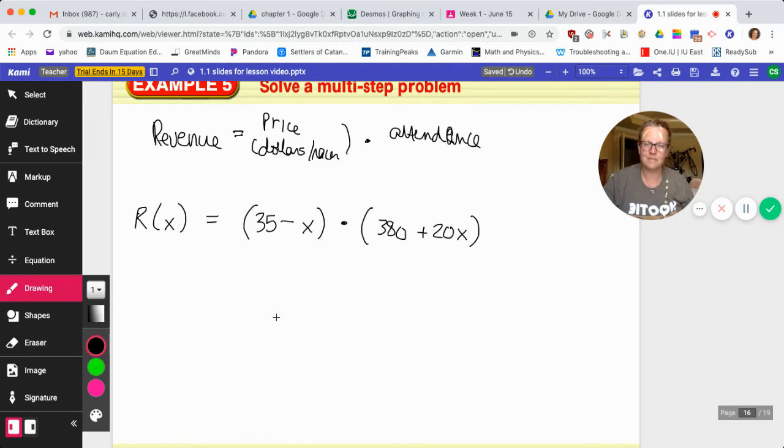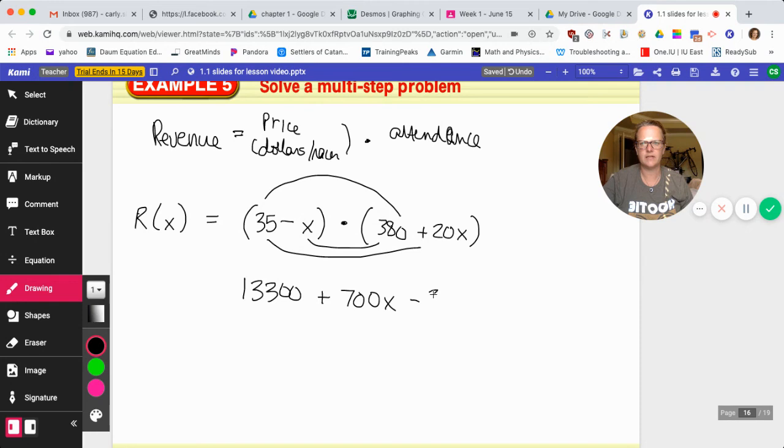All right, that's what we have. Now, that is an amazing equation. So the first thing we're going to want to do is FOIL it. 35 times 380, I've already worked it out on my paper. So first, outer, it's going to be plus 700x, inner minus 380x, and then last, minus 20x squared.